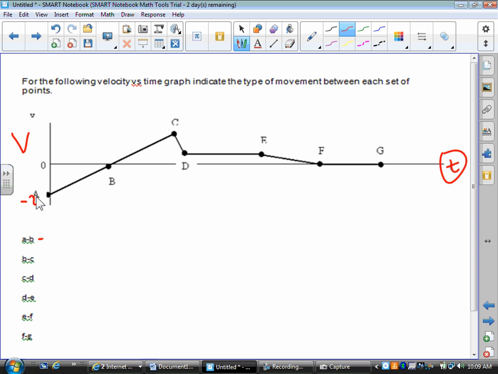Because you had a certain speed, 2 meters per second. Yeah, it's negative, but that just means you're going backwards. Okay, so here it's 2 meters per second. You're going backwards, but you still have a speed. But here at B, you don't have a speed. You're at 0 speed. So you had to have slowed down, right? So this is a person who is going backwards and slowing down.